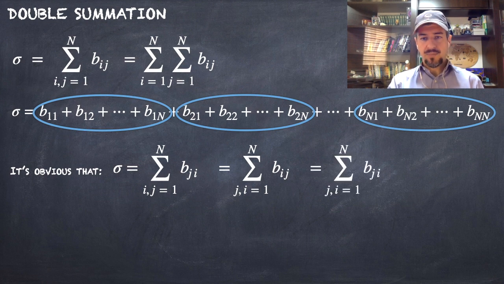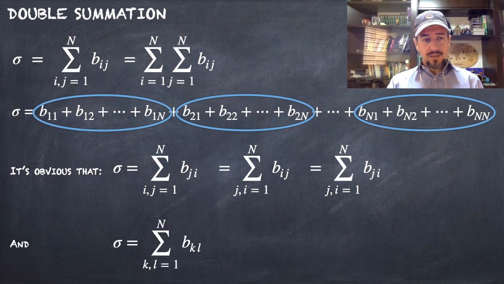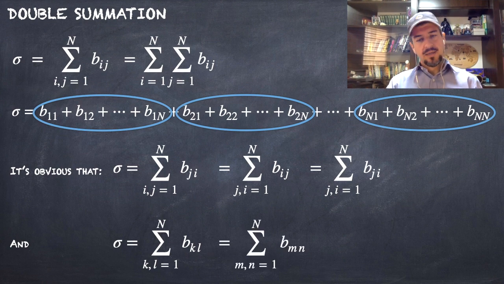And the other possibility is to change the order here and change the order here. So all this is exactly the same. And it is also obvious that we can change the letters i and j to k and l, or m and n, and so on.